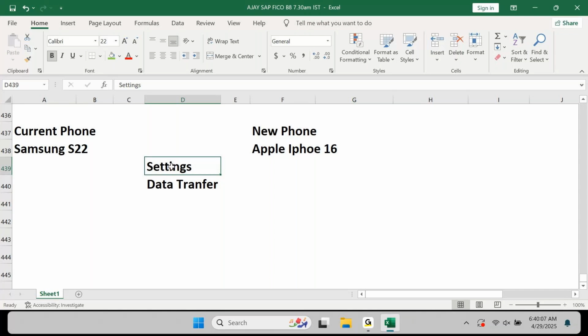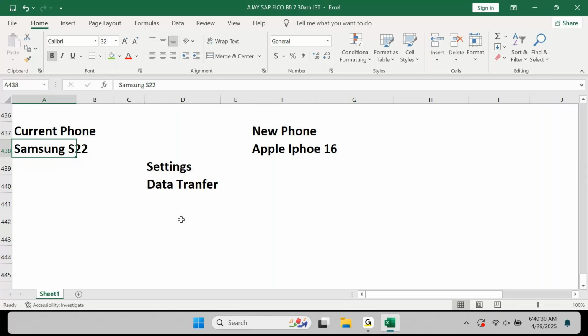Once the settings are done, you need data transfer or not? Yes. Because let's say we both are talking every day on phone, chatting on a daily basis, WhatsApp messages and all.